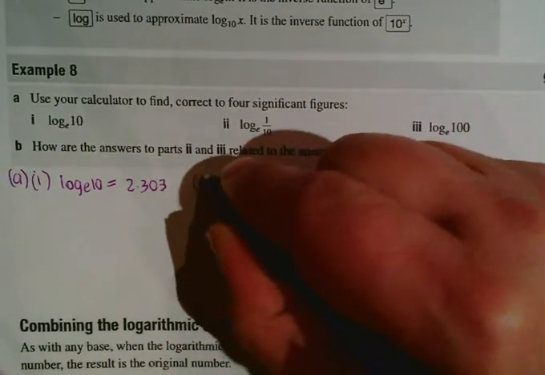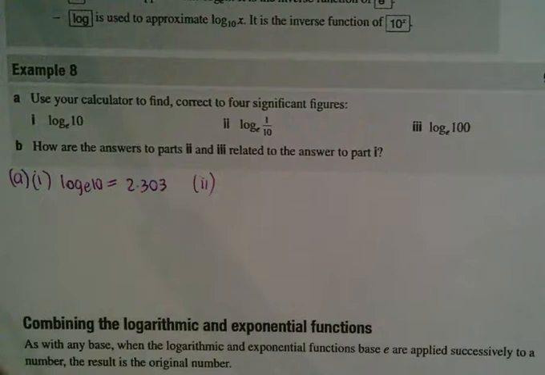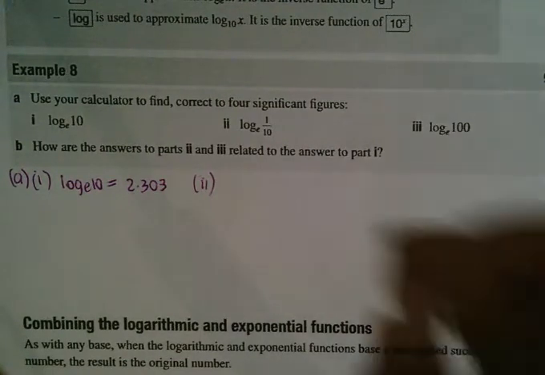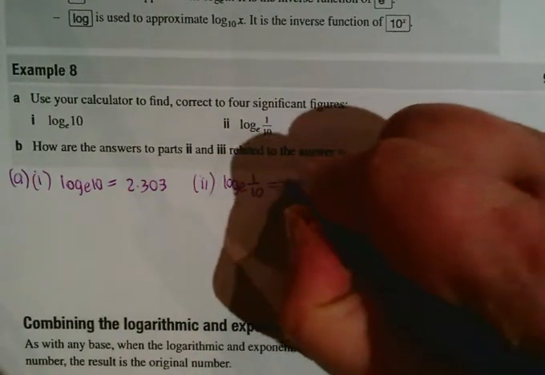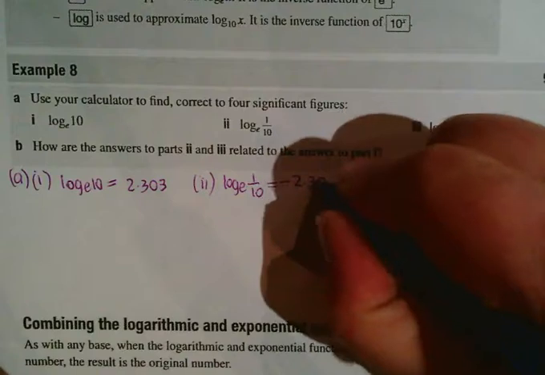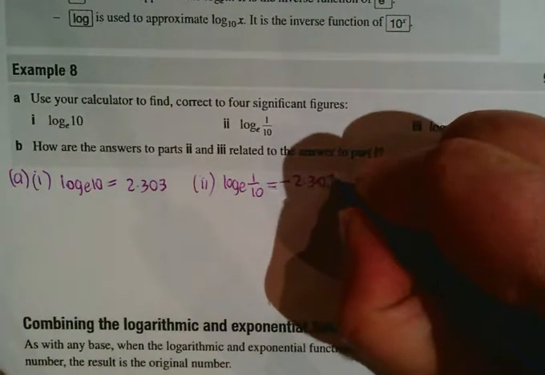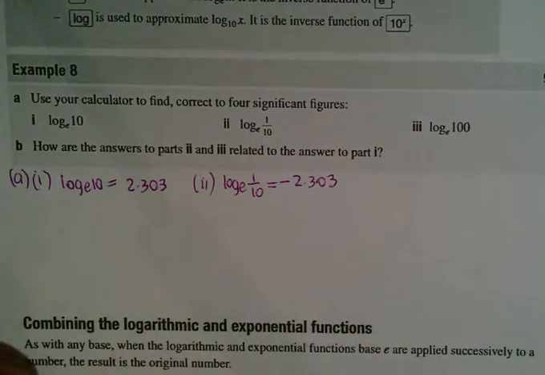Number 2, just do these as is on your calculator. So you want ln of 1/10, and we get negative 2.3025, so negative 2.303 to 4 significant figures.